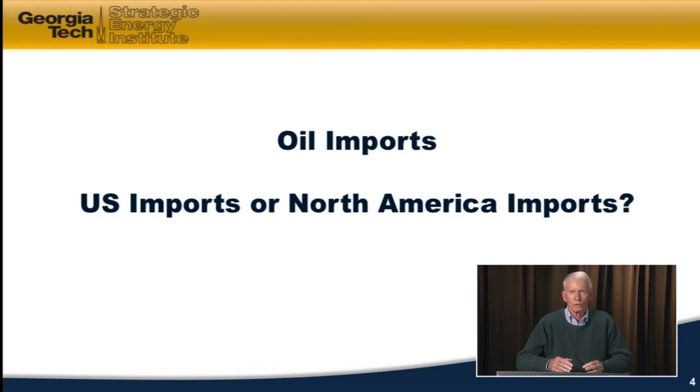But let me point out there's still a significant economic impact on the U.S. of importing that oil from even Canada and Mexico, with dollars flowing out that could stay here and improve our economy.